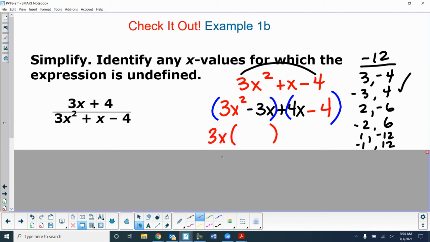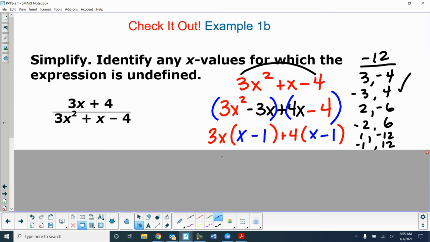What's the GCF in these two? 4, right? What's 3x squared divided by 3x? X. What's negative 3x divided by 3x? Negative 1. What's 4x divided by 4? What's negative 4 divided by 4?